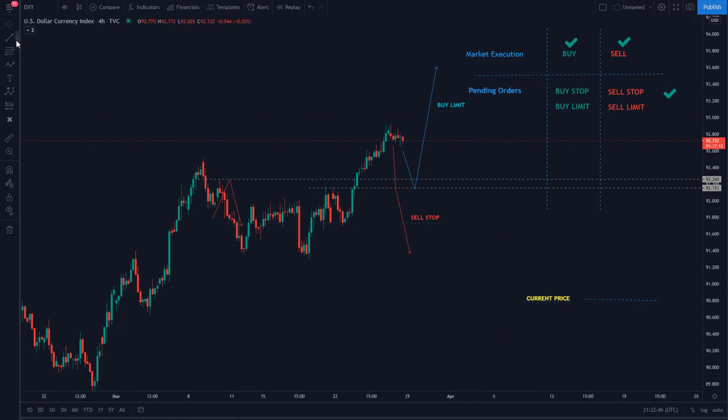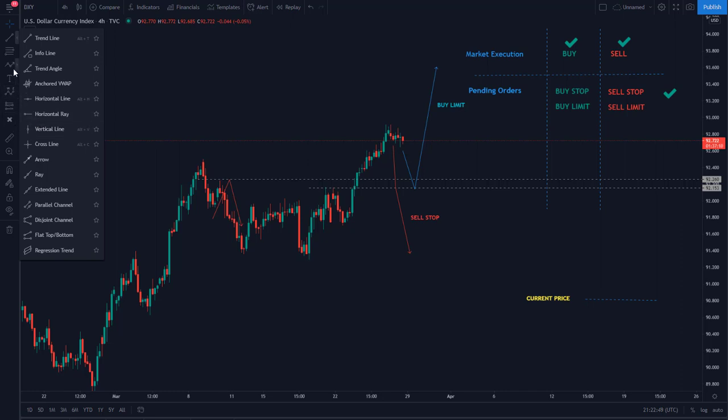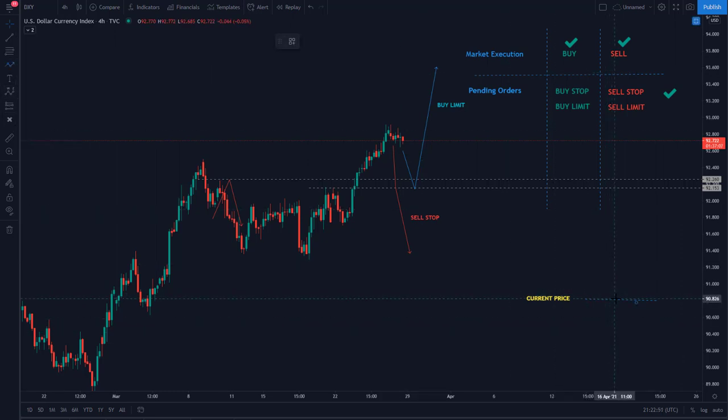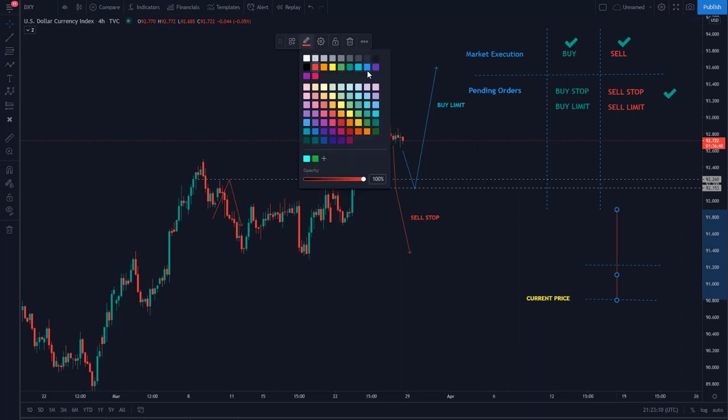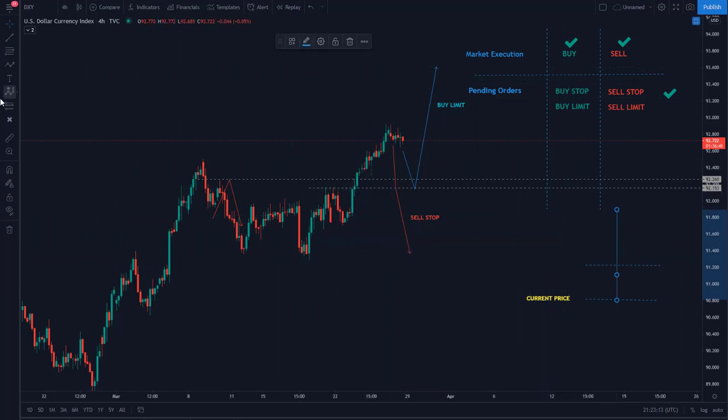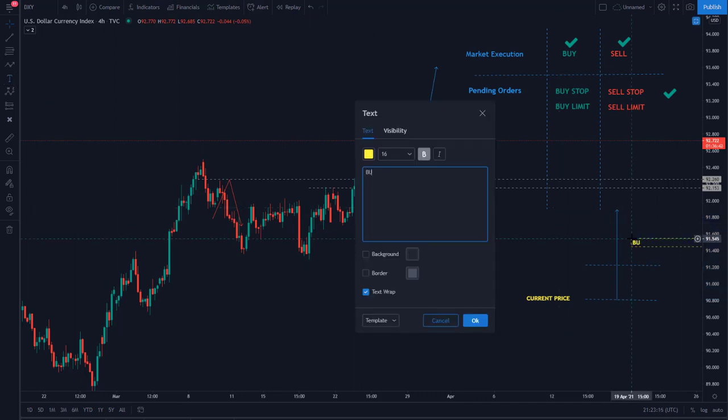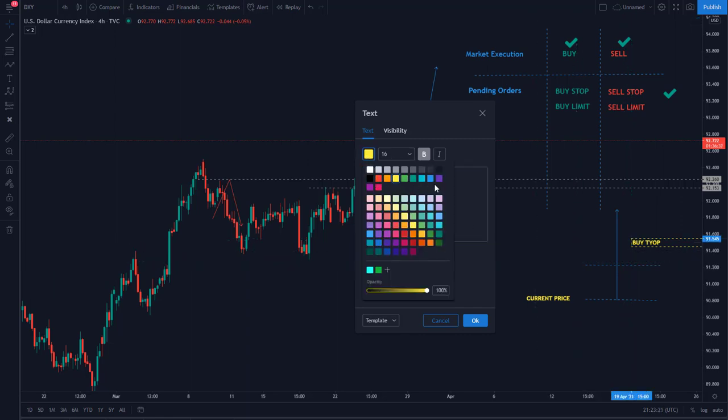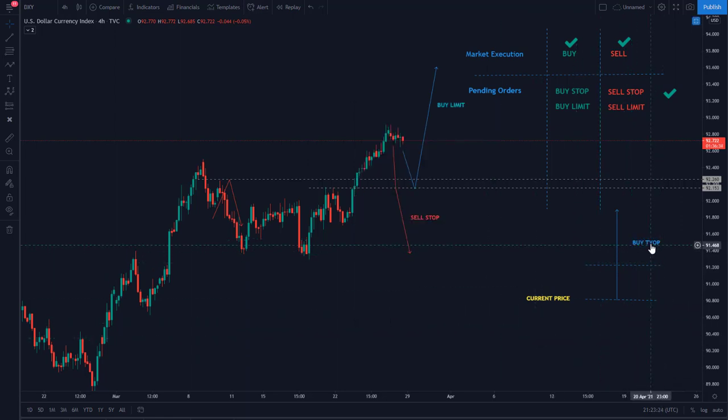A buy stop means the price is moving from here to a higher price and then moving in the upside direction from that point onwards. This would be a buy stop.